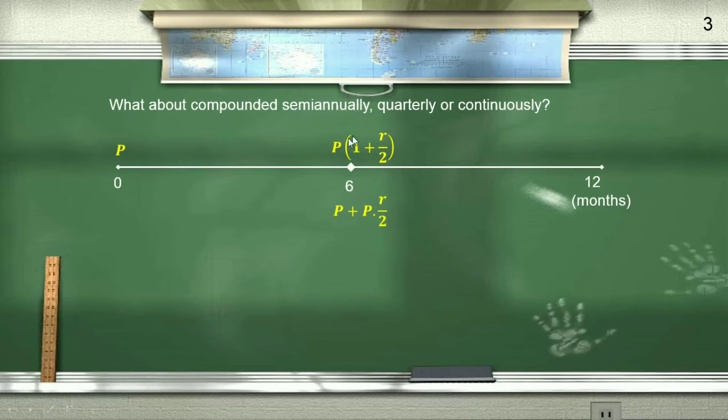Remember, this term becomes our capital in entering this period. So, can you determine this capital at the end of the 12 months? Yes, it becomes P times 1 plus R over 2 to the 2.